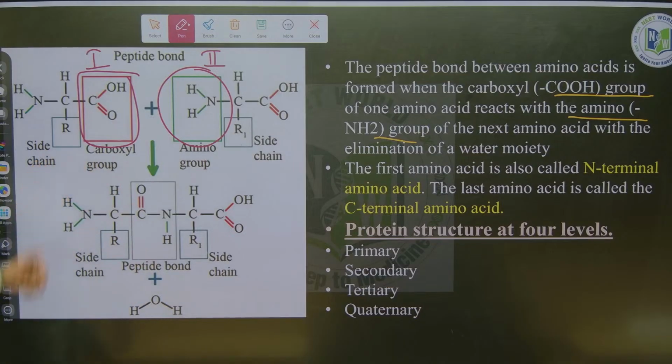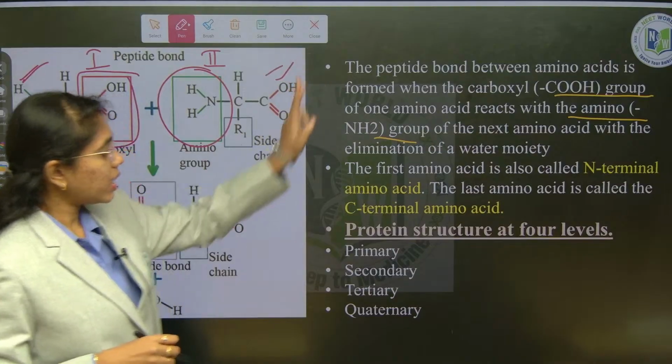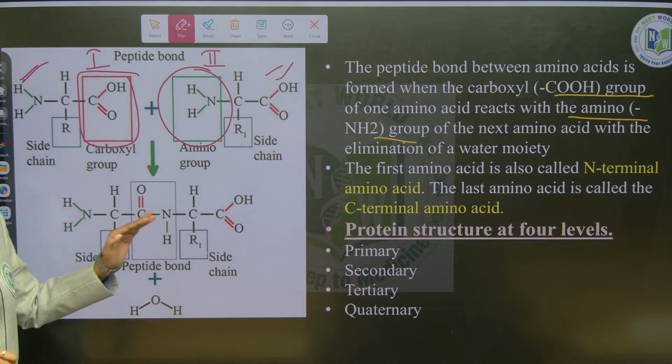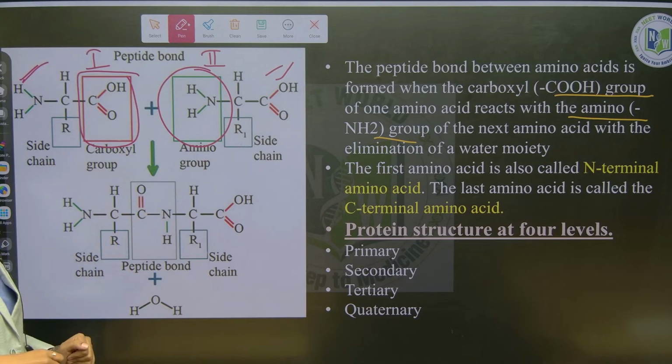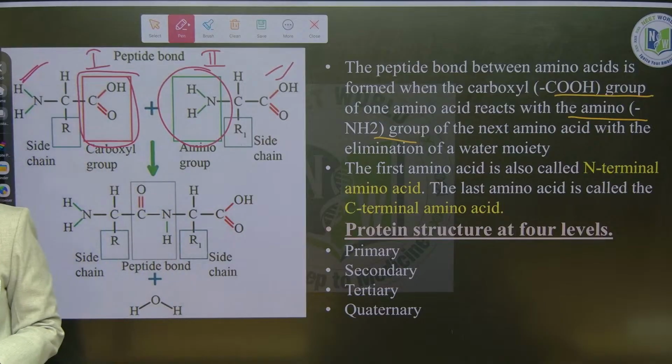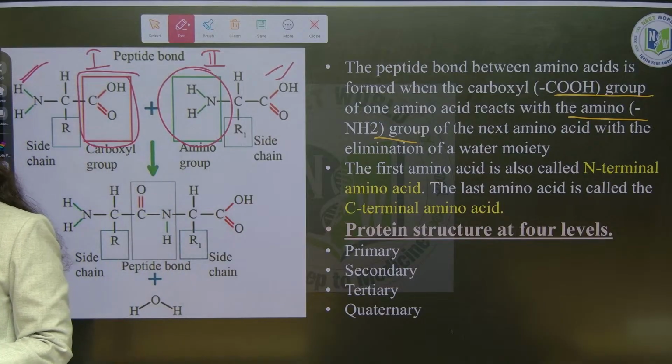The first amino acid will have the N terminal and the last amino acid will have the C terminal. As such, we have many structures or levels of proteins. So first you have to know how a peptide bond is formed between two amino acids.